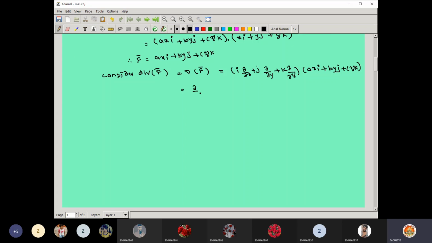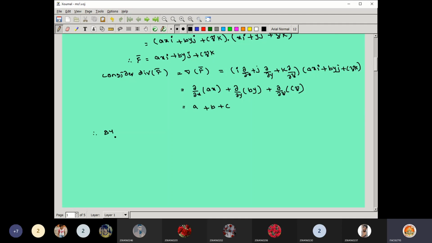So I'm directly writing ∂/∂x of ax plus ∂/∂y of by plus ∂/∂z of cz. Making the differentiation, you will get a, here b, and here c. So a plus b plus c is nothing but divergence of f bar.